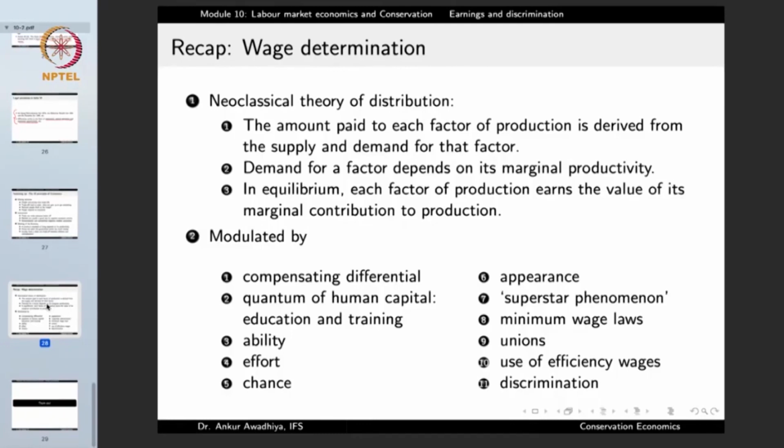It can be modulated by superstar phenomenon in those sectors where everybody wants the best product, and these products can be made available cheaply to everybody. They can get modulated by the minimum wage laws, by the unions, by the use of efficiency wages by firms, or because of discrimination. So there are a number of factors that can modulate the results of the neoclassical theory of distribution.